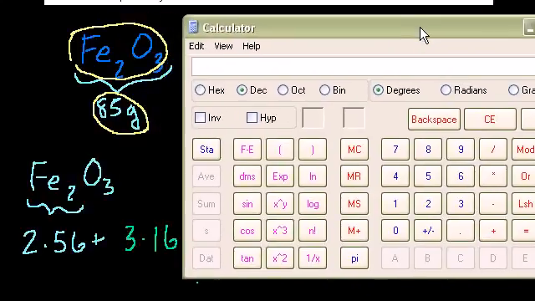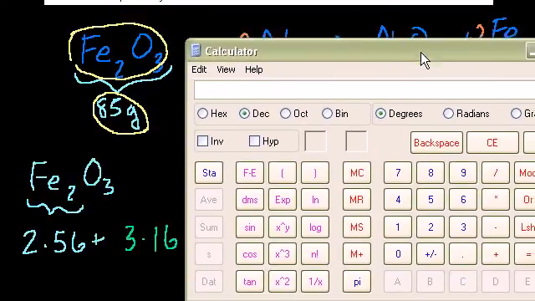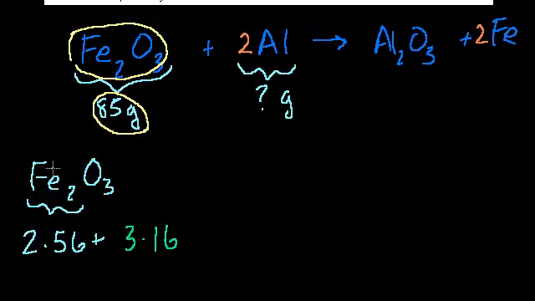Is that right? That's 48 plus 112, right, 160. So one molecule of iron 3 oxide is going to be 160 atomic mass units.